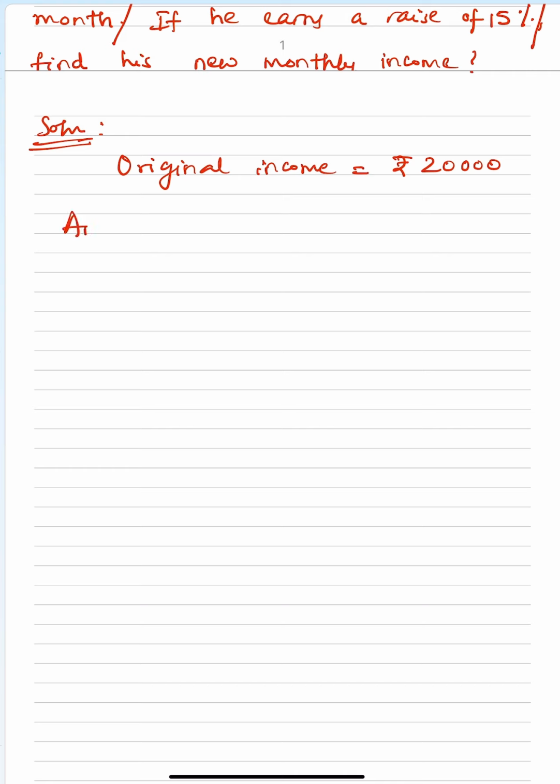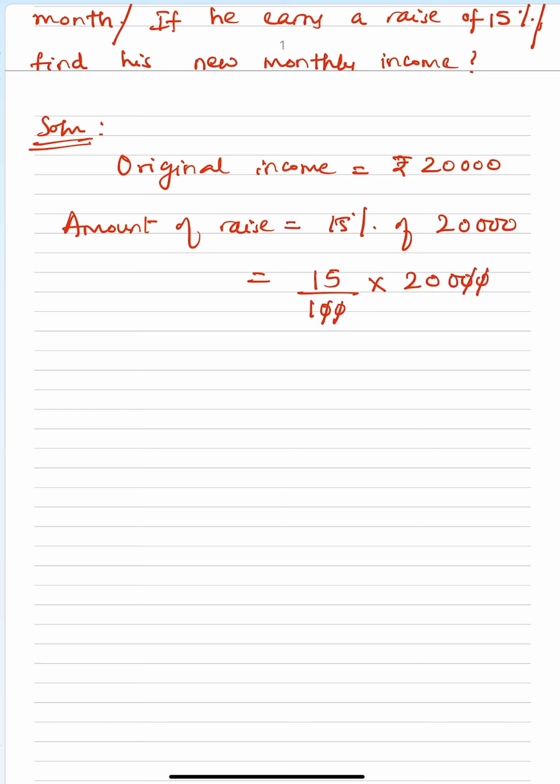Now the amount of raise is 15 percentage of 20,000, which is equal to 15 upon 100 multiplied by 20,000.